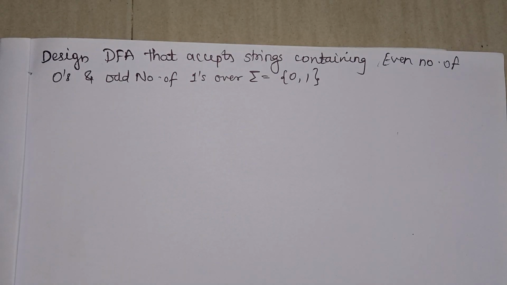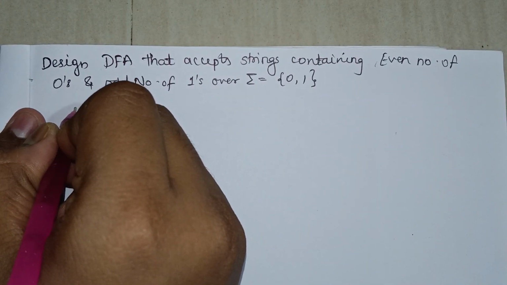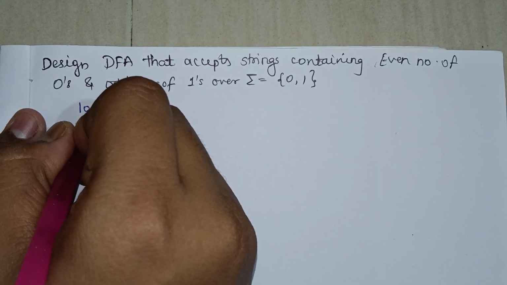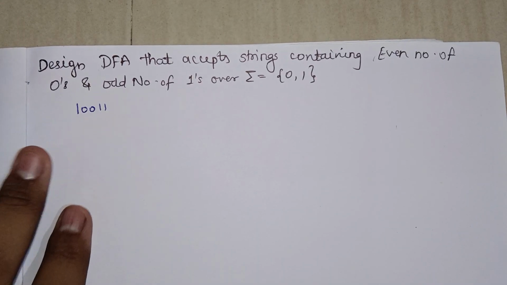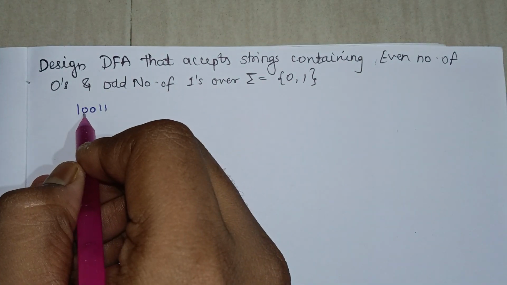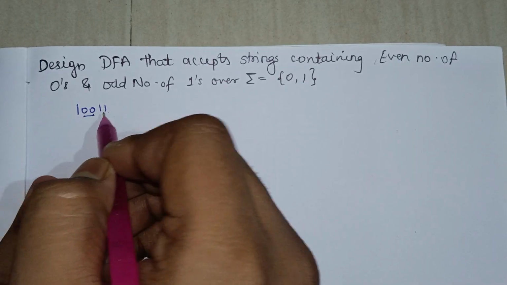So let's see some examples first that will help us to understand. For example, 1 0 0 1 1. Will it accept? Let's see. 0 0 is containing even times, and 1 1 1 is containing odd times.